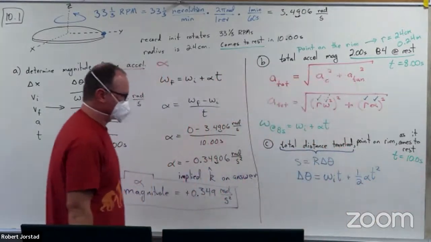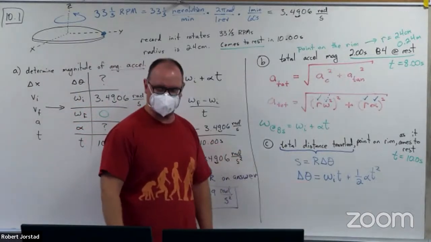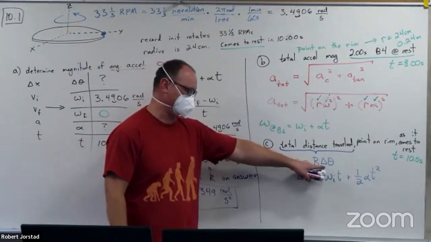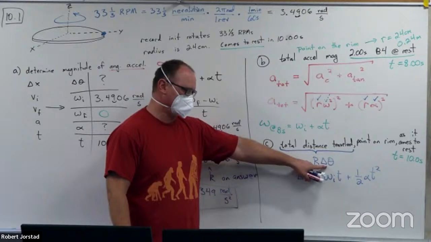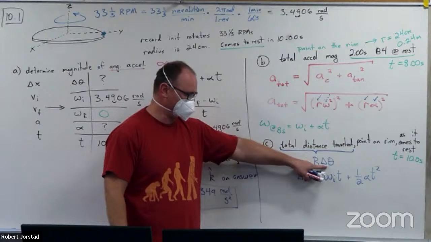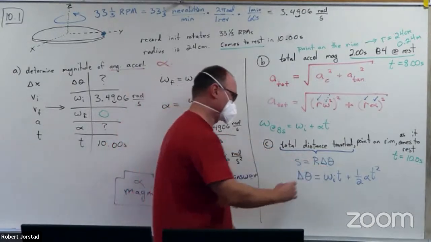Who cares about sig figs? What units are crucial? What units do we have to use? If we want to use this equation, this has to be in revolutions, radians, or degrees. If in doubt, use radians.